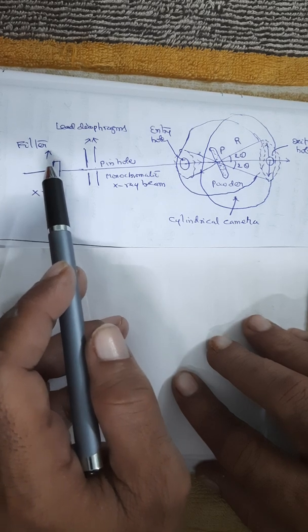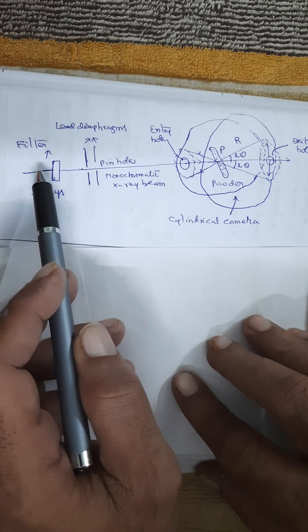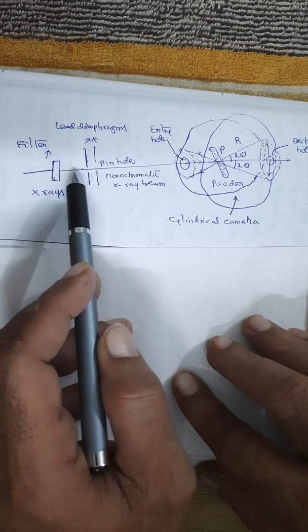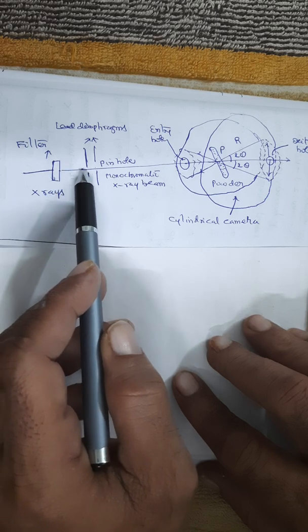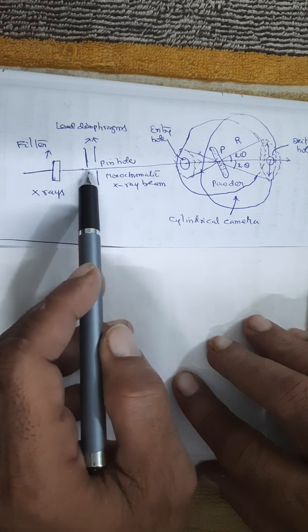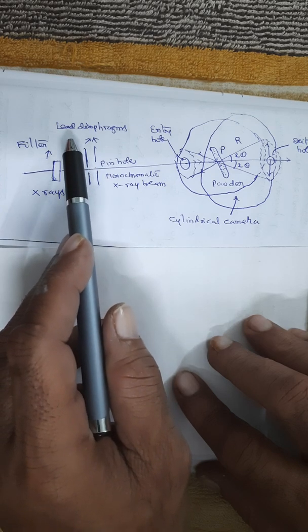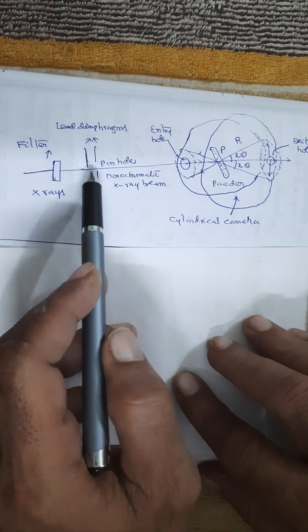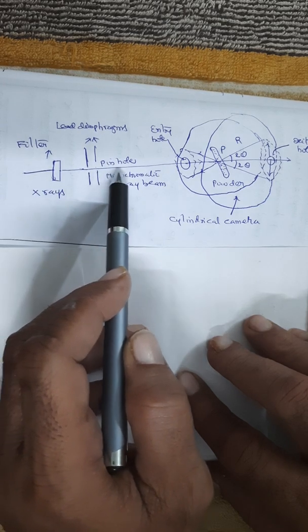That means by using this filter, the incident X-rays can be made into monochromatic X-rays, that is, a single wavelength, and they pass through a slit or pinhole arranged here, which is made of lead diaphragms. Between the lead diaphragms, this monochromatic beam is allowed to pass through.